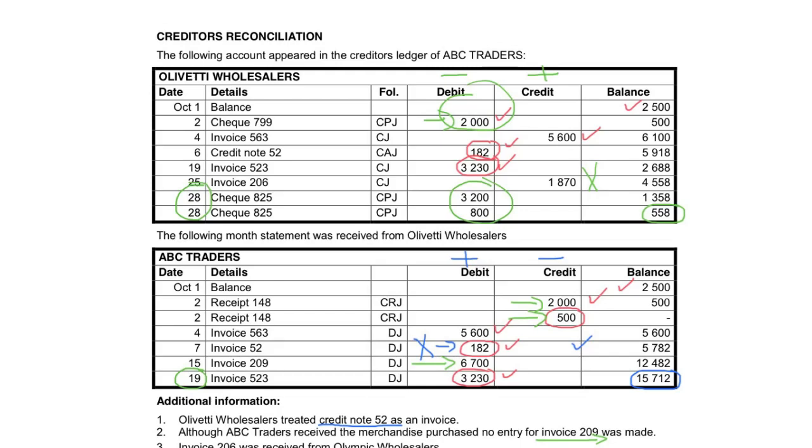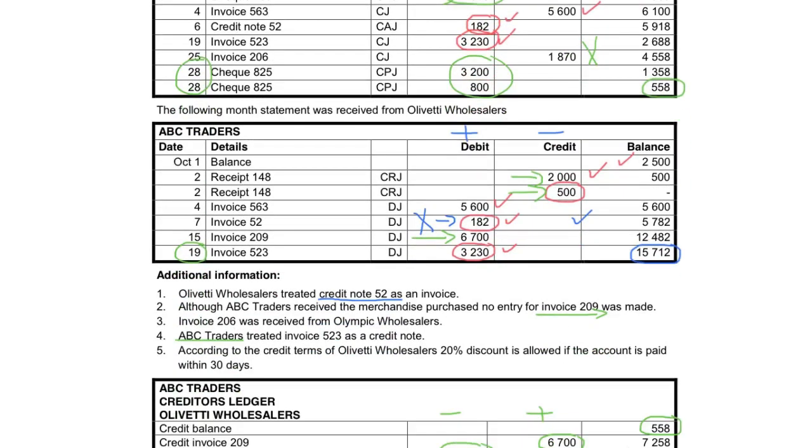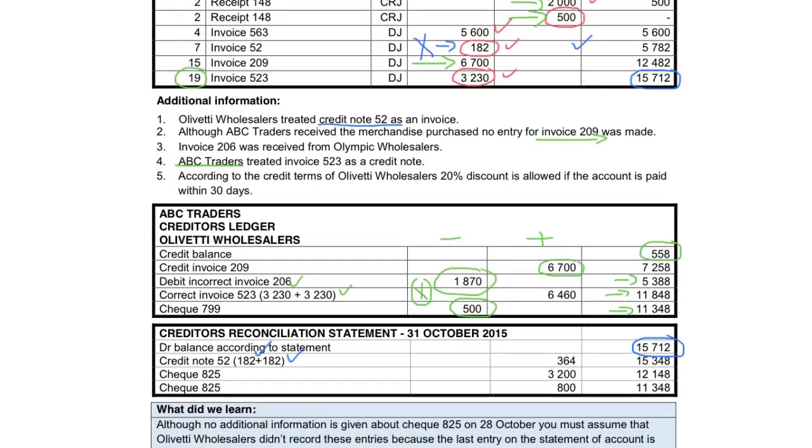So we will show in the creditors reconciliation statement that Olivetti Wholesalers will record the 3,200 and the 800 in the future. So we will go and show there that the amount will be reduced with the 3,200 and 800 because in the creditors reconciliation we do the work as Olivetti Wholesalers will do it.